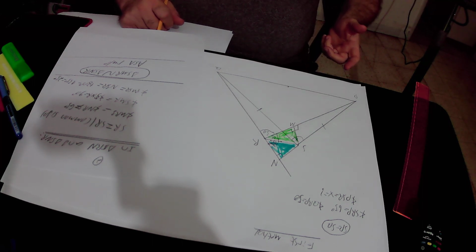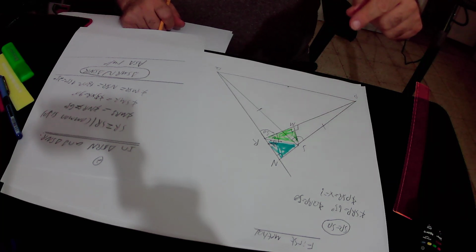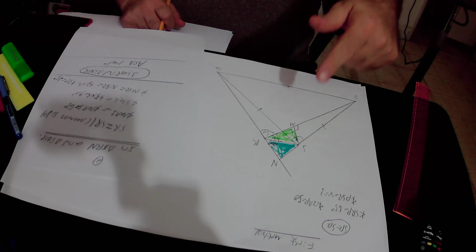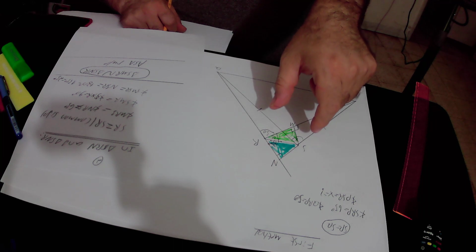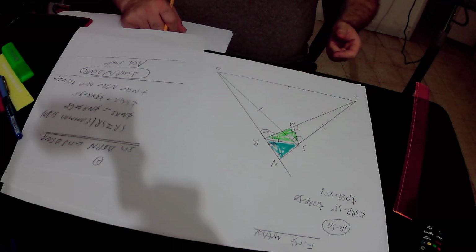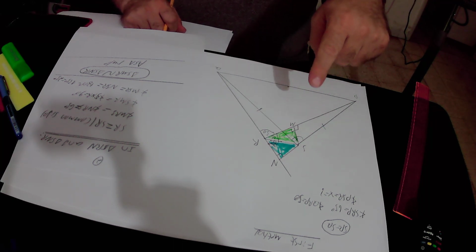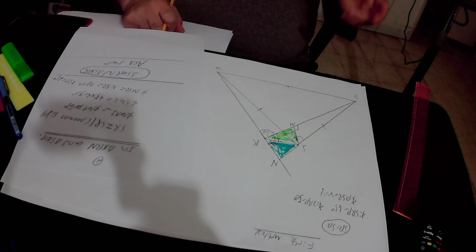But we even proved more than what we need. And we also have the common side SR. So we actually proved that the green triangle can go into the blue triangle according to angle side angle rule.